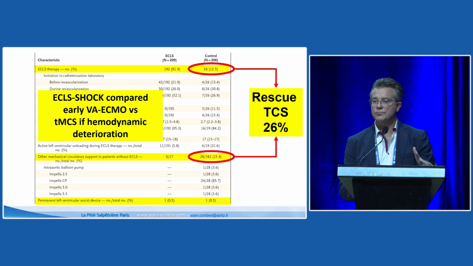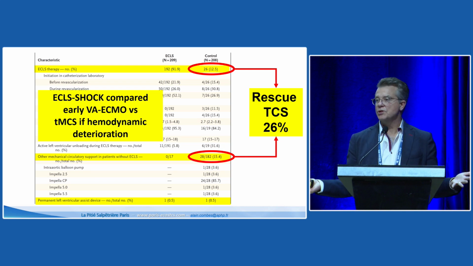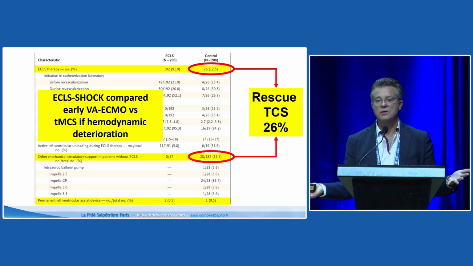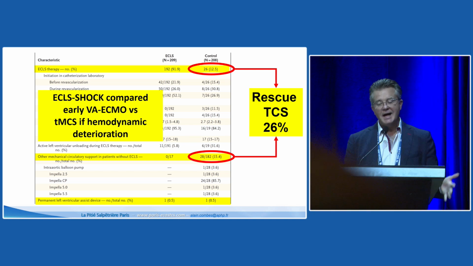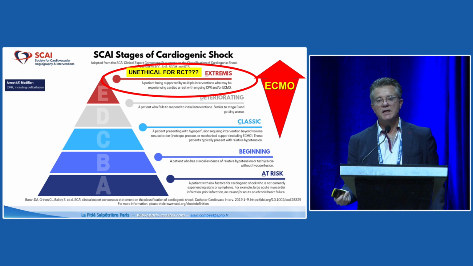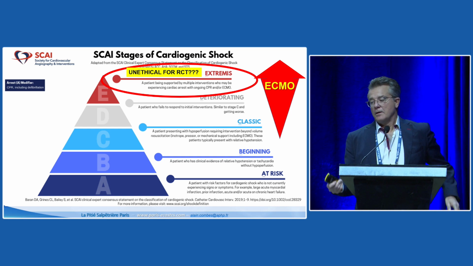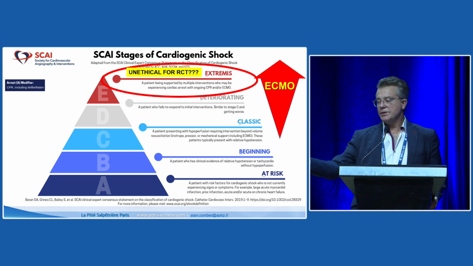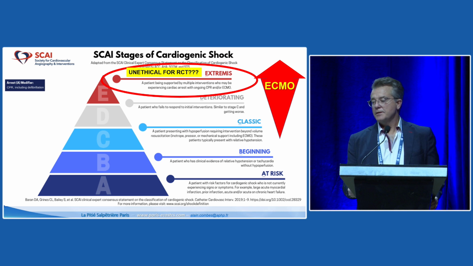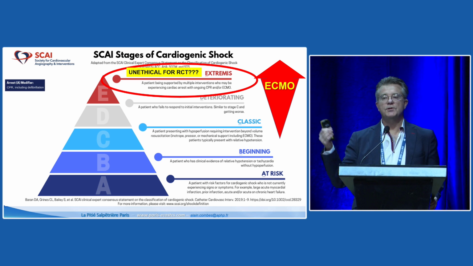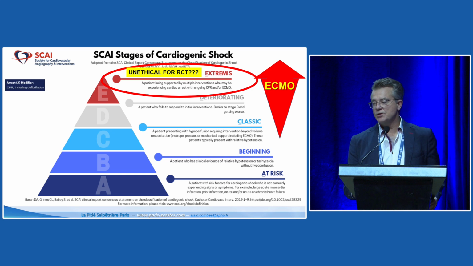And when you read the abstract, actually, it is not said that. It says that ECMO does not improve the outcome of the patient if used routinely. I do not agree with that conclusion. And then we have to move forward. ECMO has been used for years for extreme patients, those who have the most severe forms of cardiogenic shock.